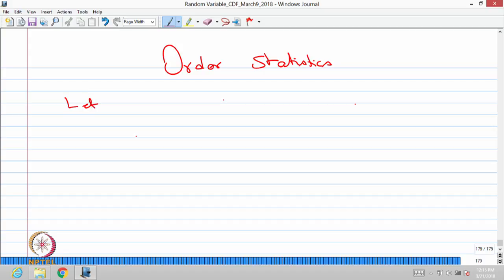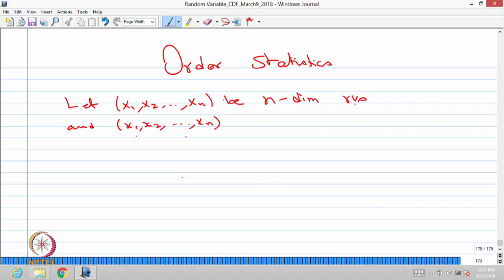Let x1, x2, xn be n-dimensional random variables and small x1, small x2, small xn be an n-tuple assumed by the random variables x1, x2, xn.